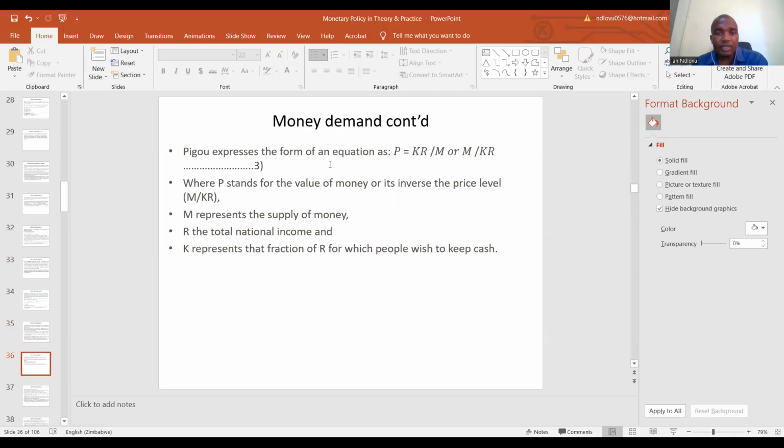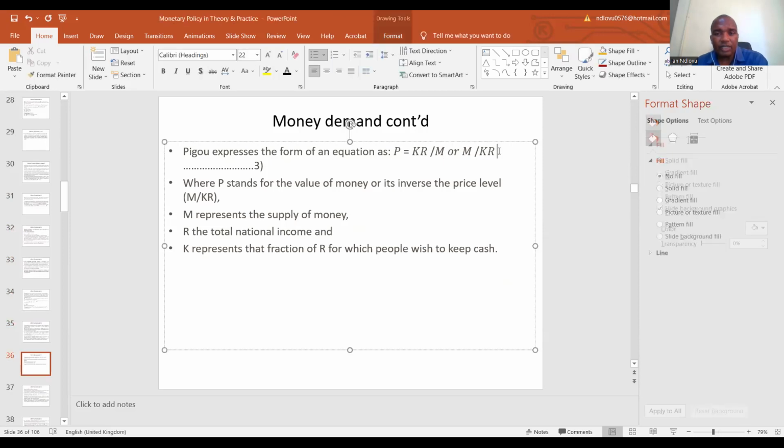So Pigou expressed it in the form of an equation as P is equal to KR over M, or M over KR.